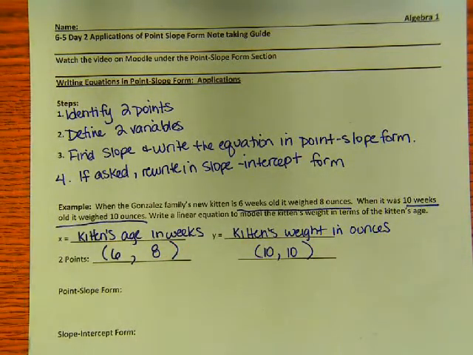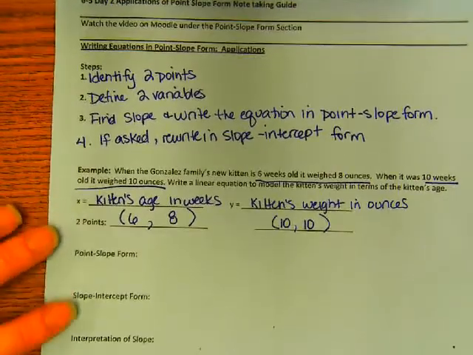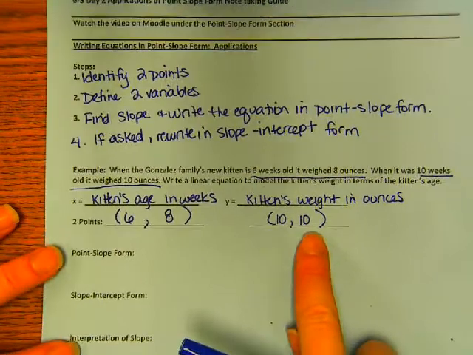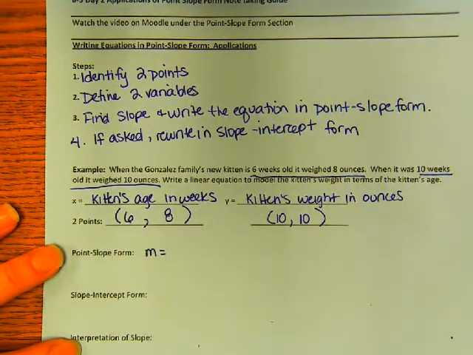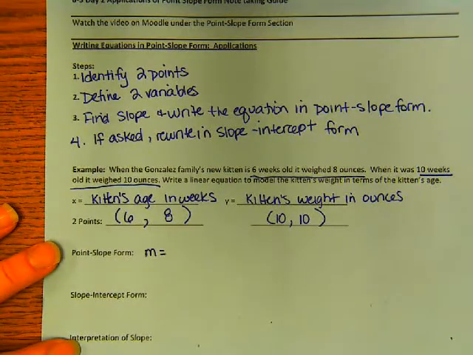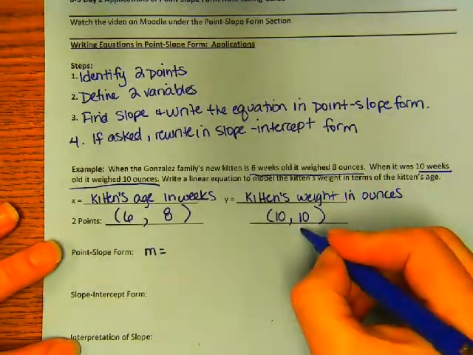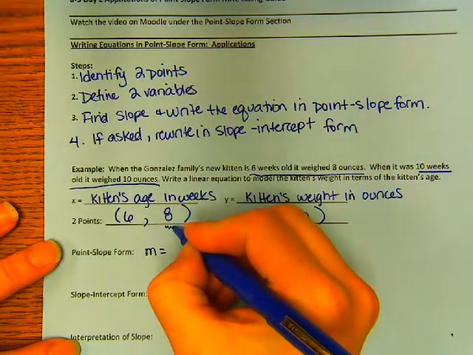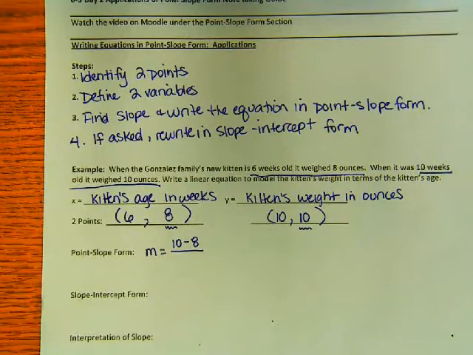Okay, so to find point slope form, like yesterday, since I have 2 points, the first thing I'm going to do is find the slope. And to find the slope, I find the change in the y's over the change in the x's. Or y2 minus y1, so that's 10 minus 8, over x2 minus x1.